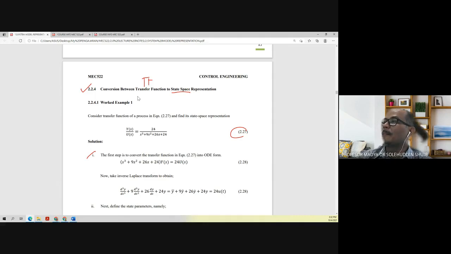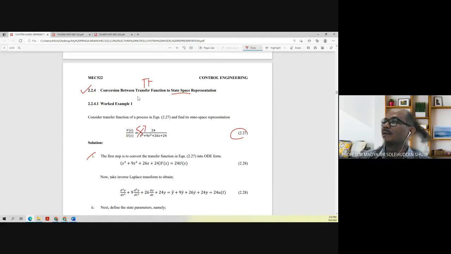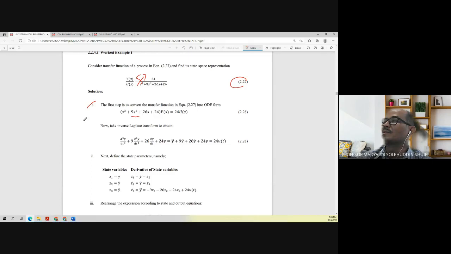So you cross multiply. We get 24U(s) and Y(s) multiplied by this polynomial. Then you take the inverse Laplace transform, so s cubed becomes d cubed y, and then 9 d squared y, 26 dy/dt plus 24y.